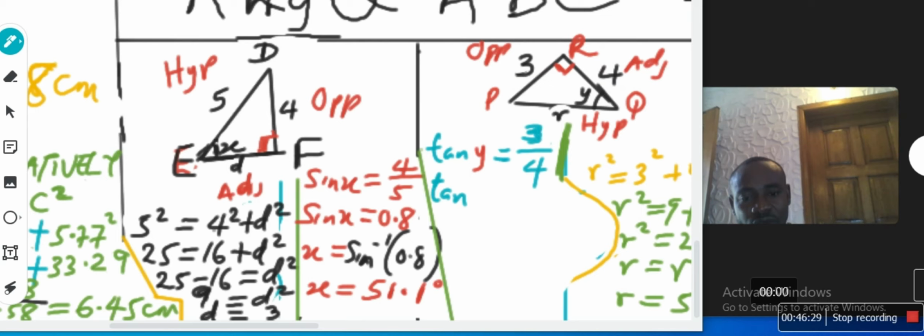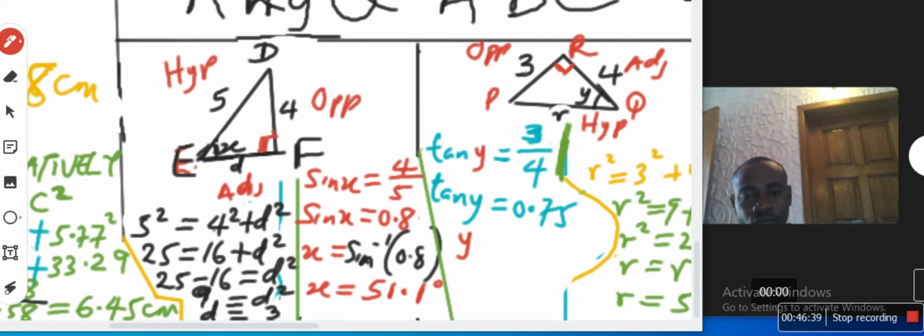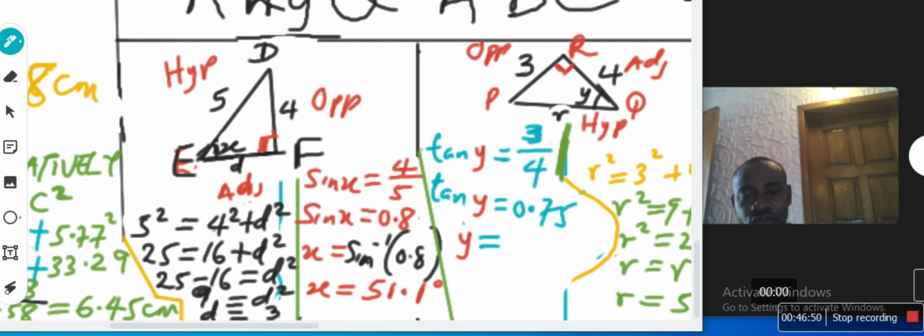So how do we find y? You do tan inverse of that, isn't it? So y will be equal to tan inverse of 0.75.